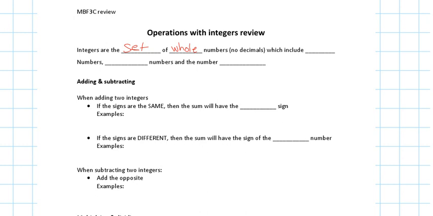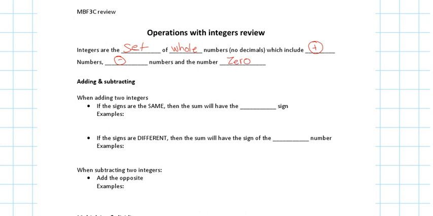There's no decimal. We call them integers, which include positive numbers and negative numbers. So negative 27 is an integer. Okay, and the number 0. So the number 0 is also considered to be an integer.